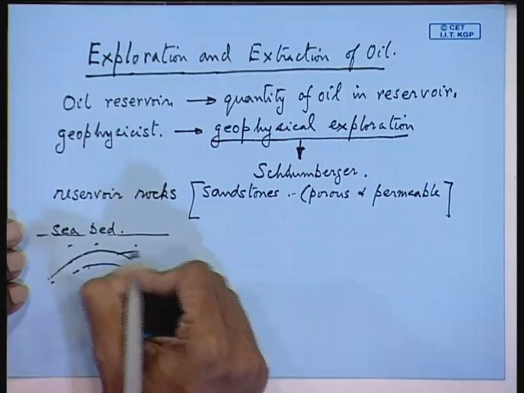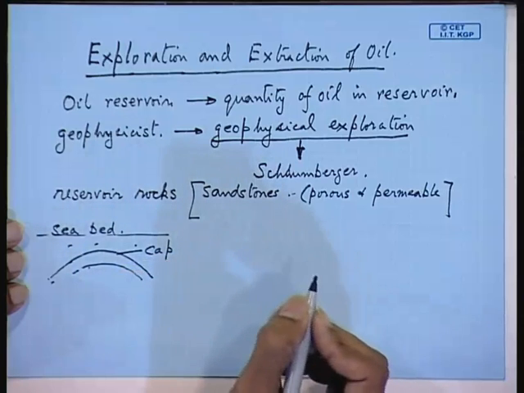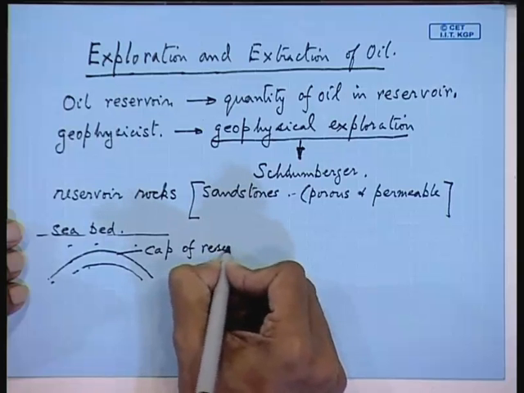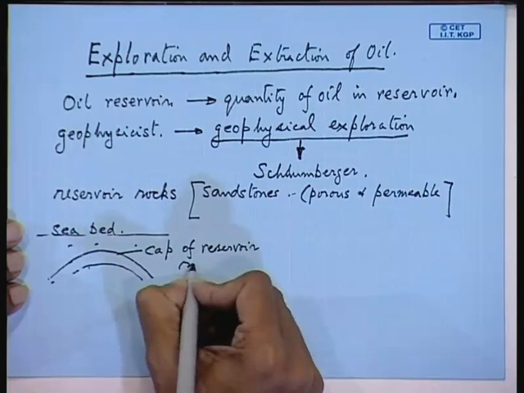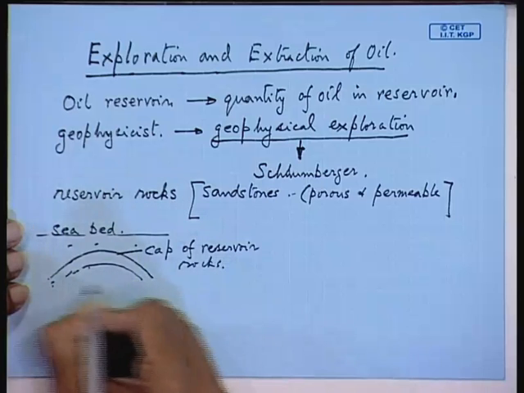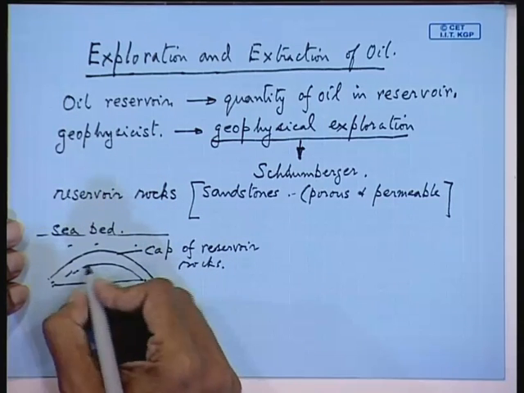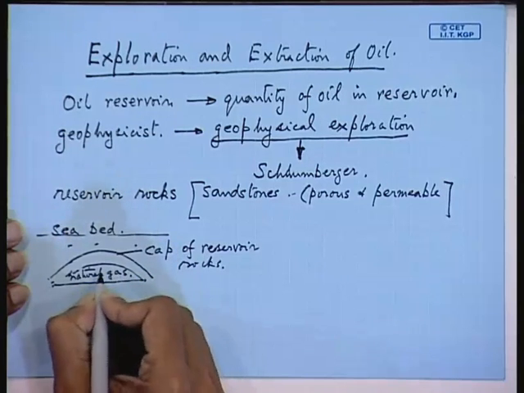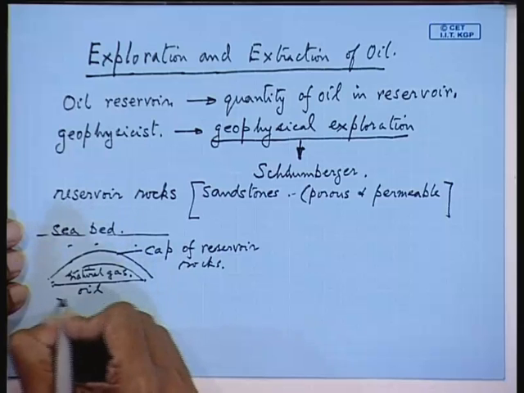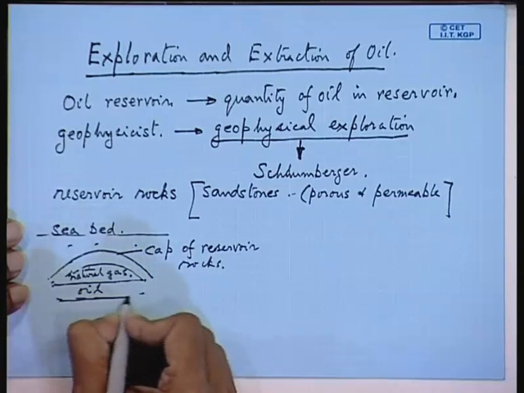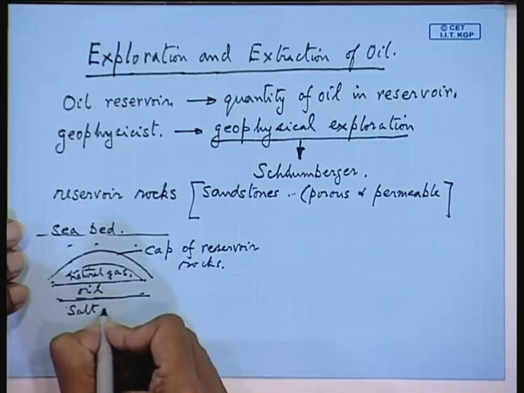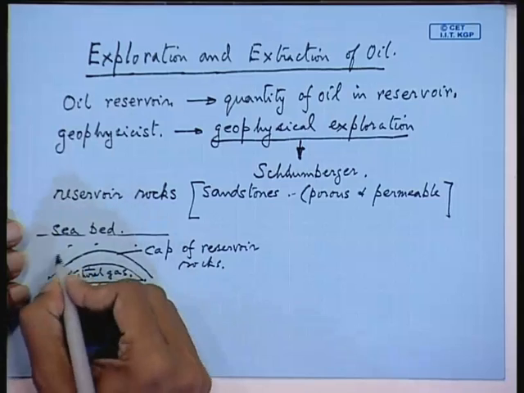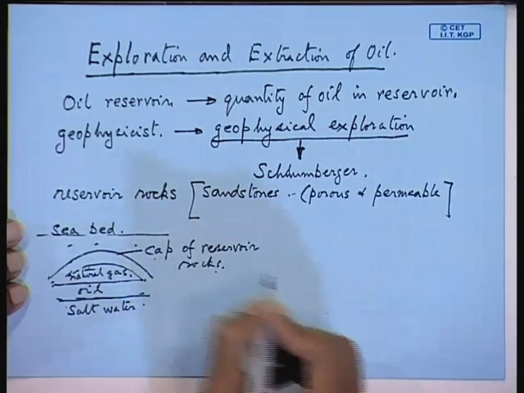This is called a cap of reservoir rocks. Now, here you will first find natural gas on top of oil. Oil you will find here, and salt water will be below. You will find them in this order, but essentially oil you will find under a cap of reservoir rocks.